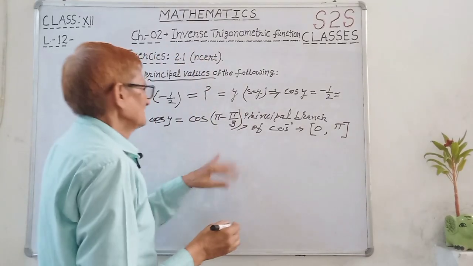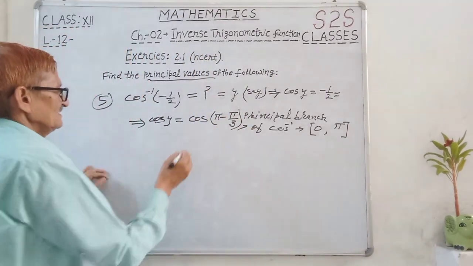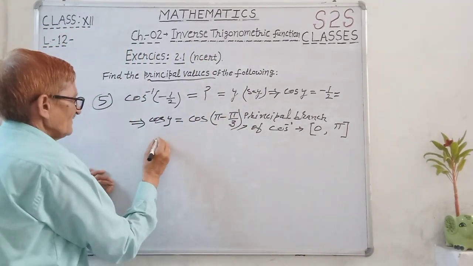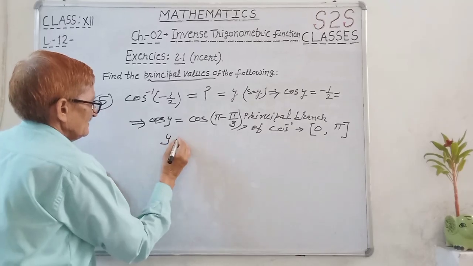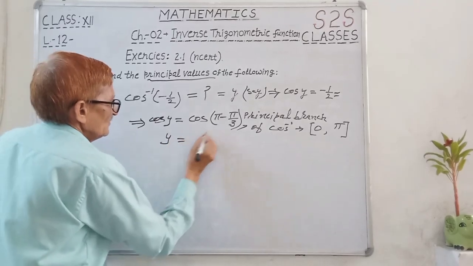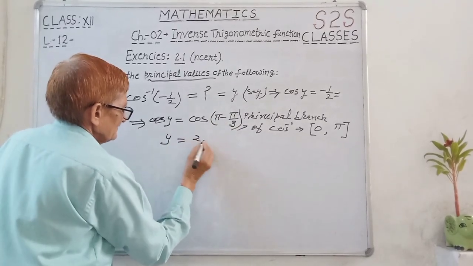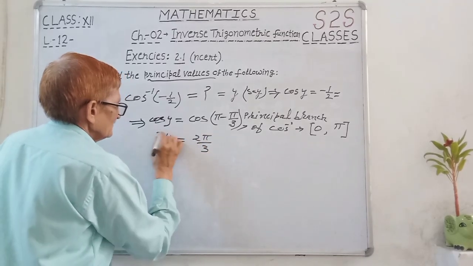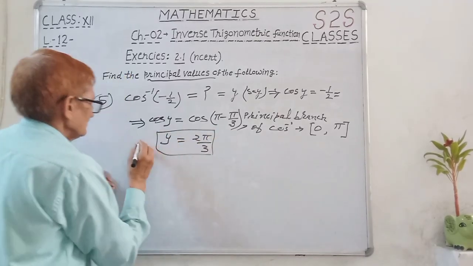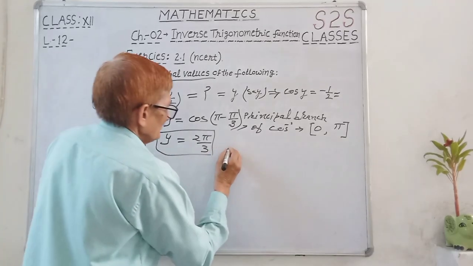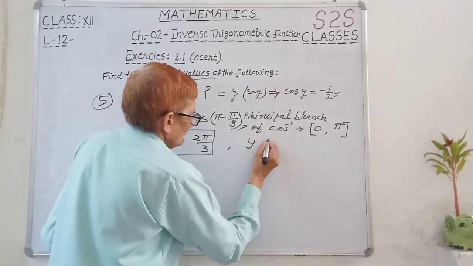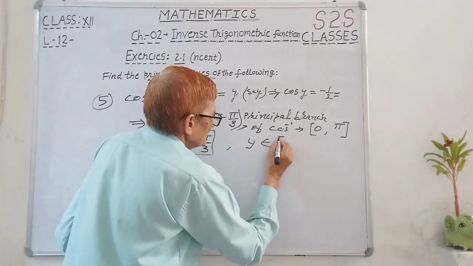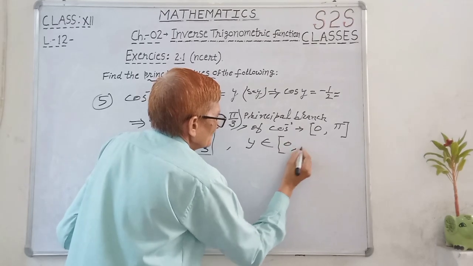Minus half is this, and then this y is equal to 3 pi minus pi, 2 pi by 3. It is in the second quadrant, because y belongs to between 0 to pi.